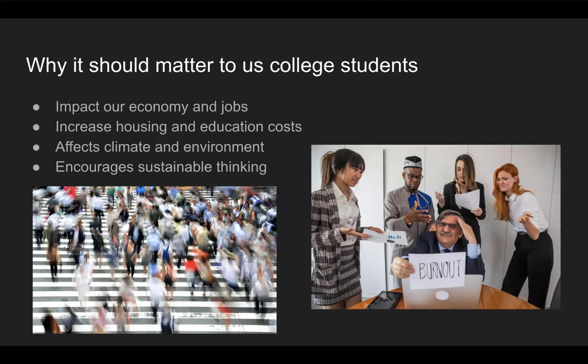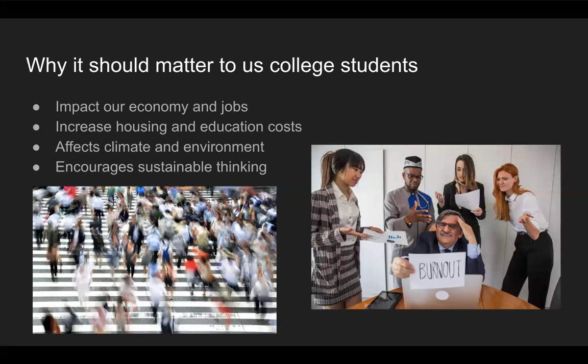Crowded cities, higher housing costs, limited resources, and even traffic. More people means more demand for food, water, jobs, and space. It also means more competition for opportunities, something we can feel when applying for schools or jobs, which is really competitive now.